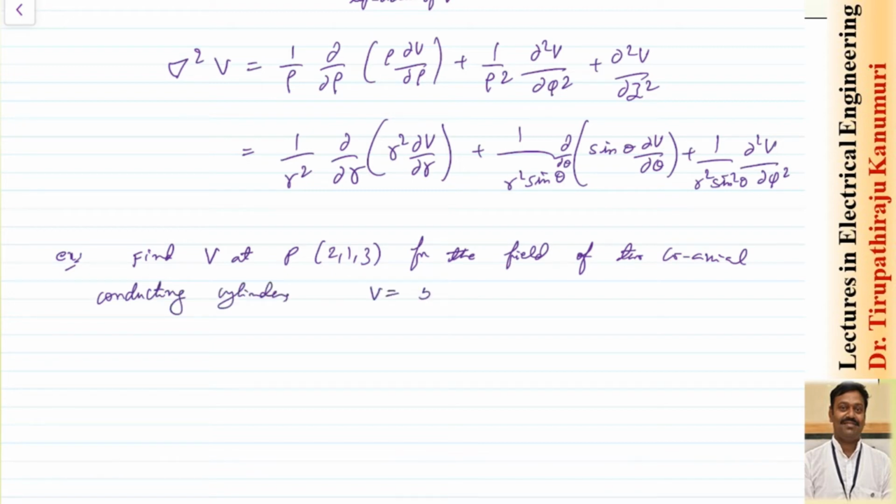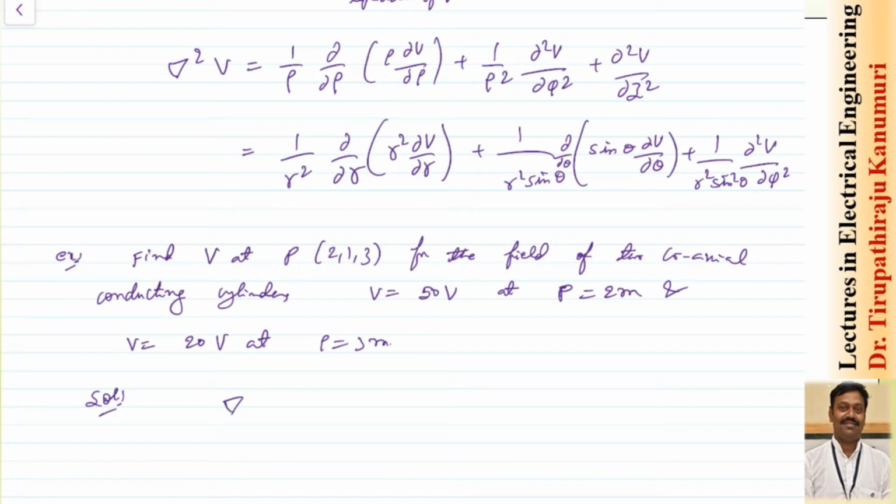It is given that V is equal to 50 volts at rho equal to 2 meters, and V is equal to 20 volts at rho equal to 3 meters. So they are cylinders. Now how to solve this one?